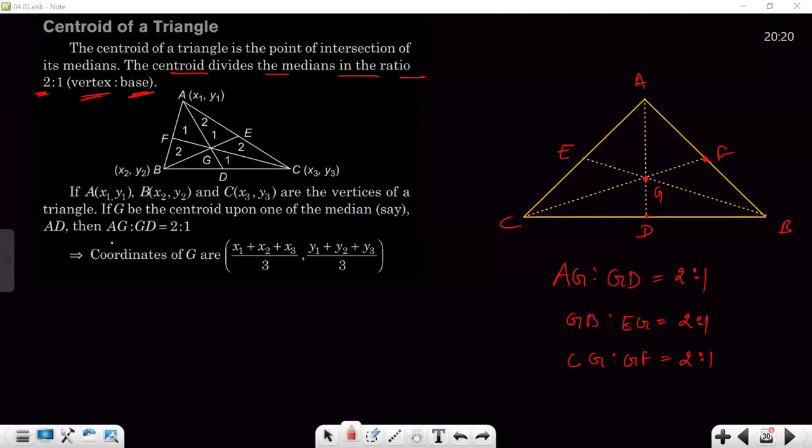And for the y coordinate, simply add y1, y2, y3 and divide by 3. That will be the centroid. Please read this for a second and ask if there is any doubt.